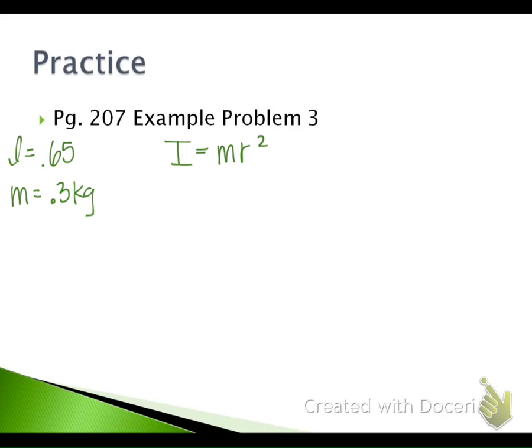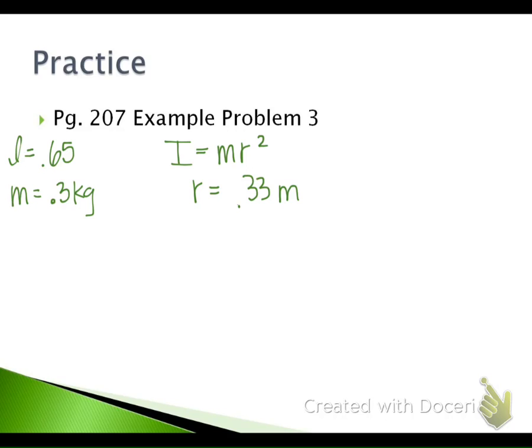In order to do that, we've got to solve for the radius of this particular rod. So how do you solve for radius if we're given our entire length? Yeah, we just take it in half. So in this particular one, R is going to be equal to 0.33, or round it up to 0.33 meters.